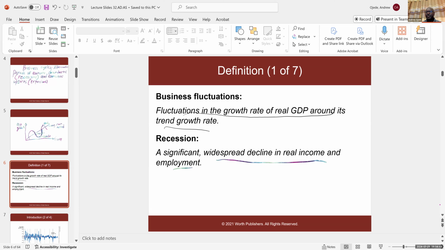In a recession, people are losing jobs. So employment is falling, which means unemployment is rising. People lose jobs. That's the reason why there's a decrease in real income. So real GDP is going to fall as well.